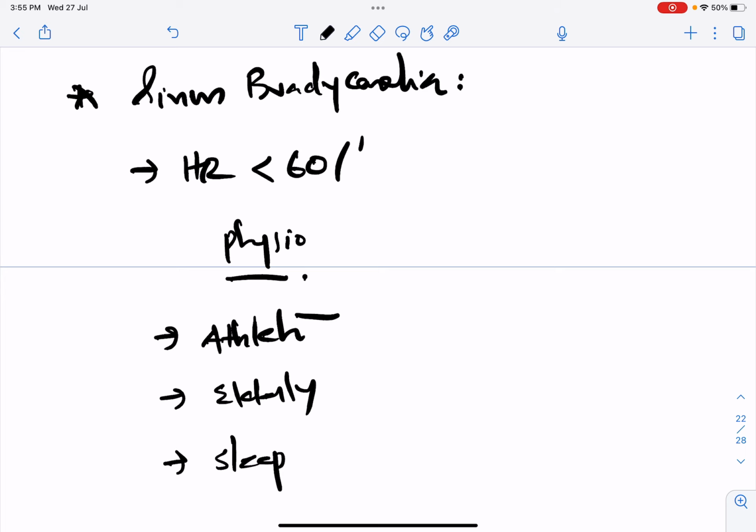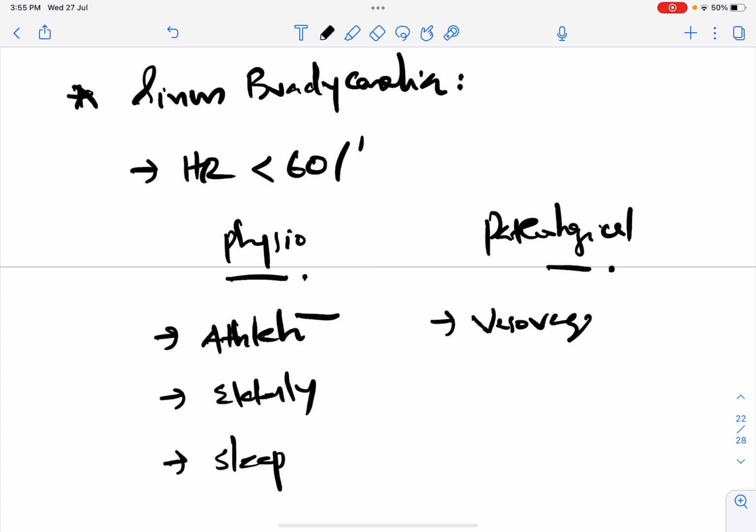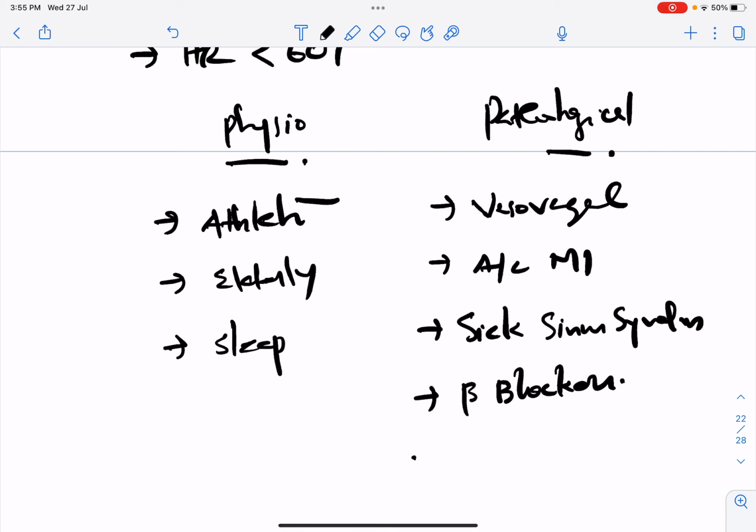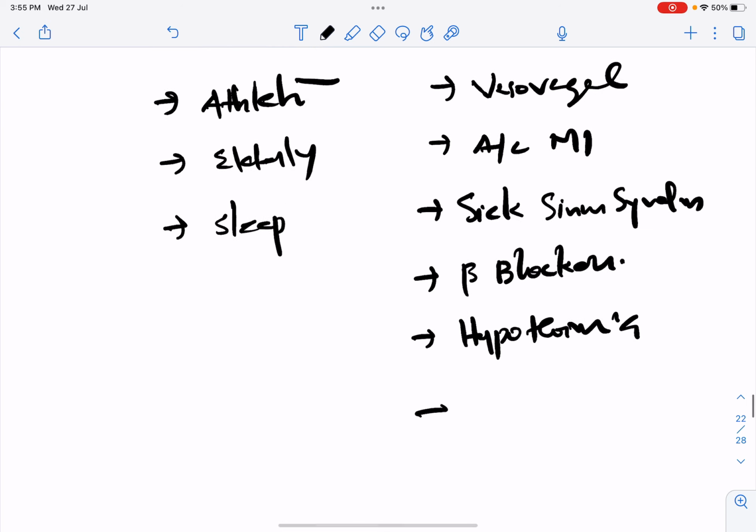And the pathological causes for bradycardia include vasovagal attack, acute MI, especially inferior wall MI, sick sinus syndrome, drugs like beta blockers, hypothermia.